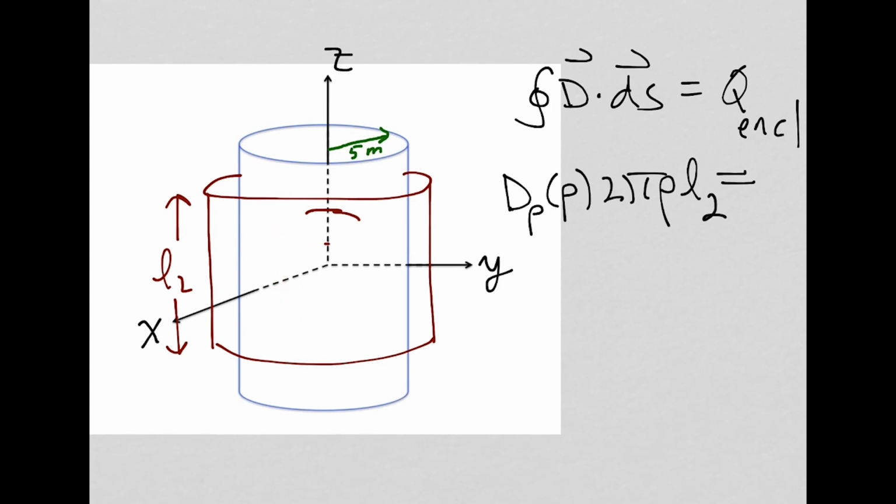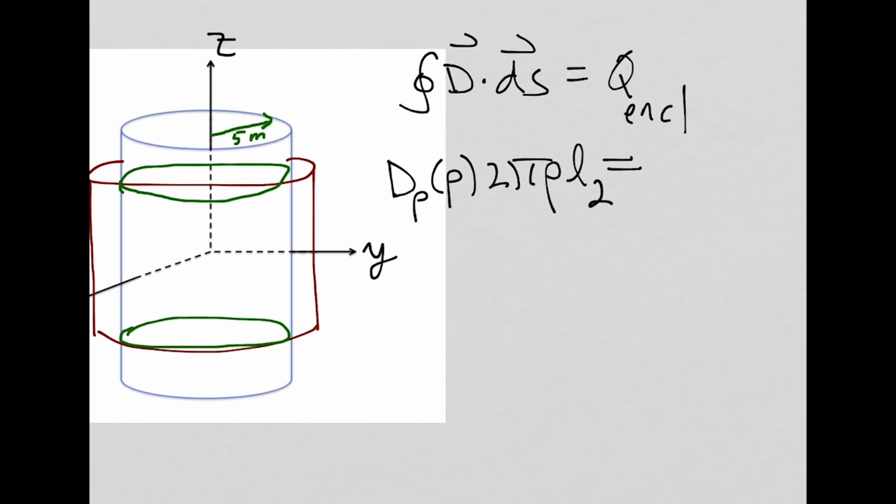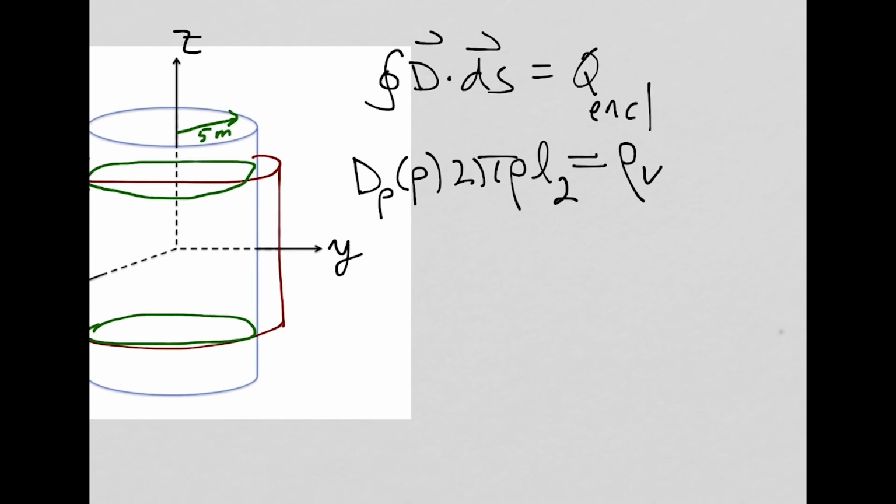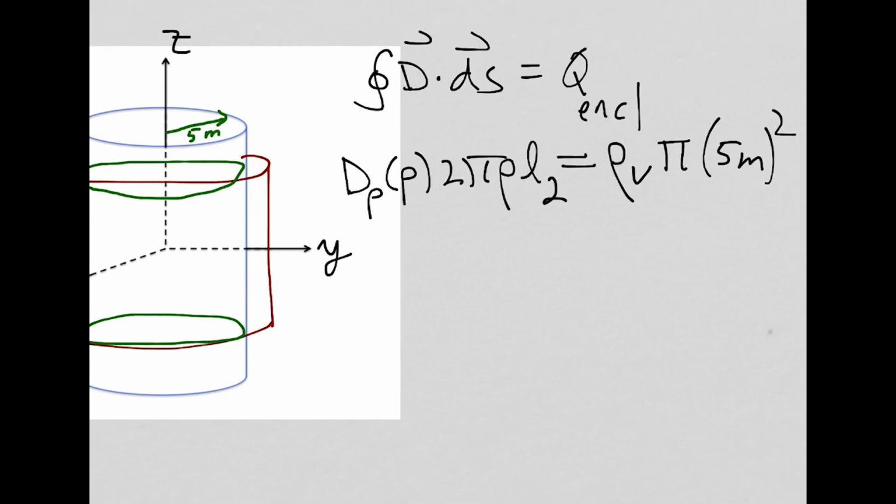So that will be the charge on the cylindrical region right here of height L sub 2 and of radius 5 meters. That will equal rho sub v times the area of the base of that cylinder, which is pi rho squared, but rho is 5 meters, times the height of that cylinder, which is L sub 2.